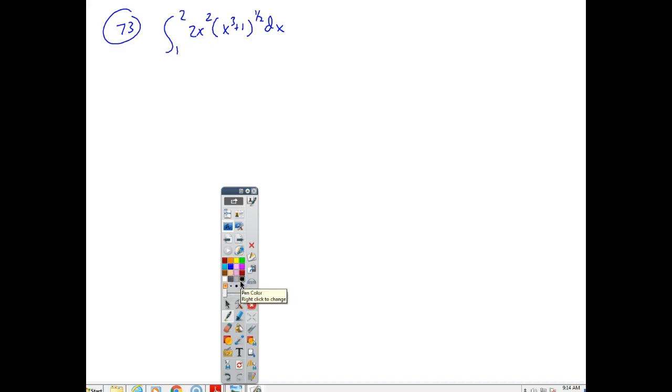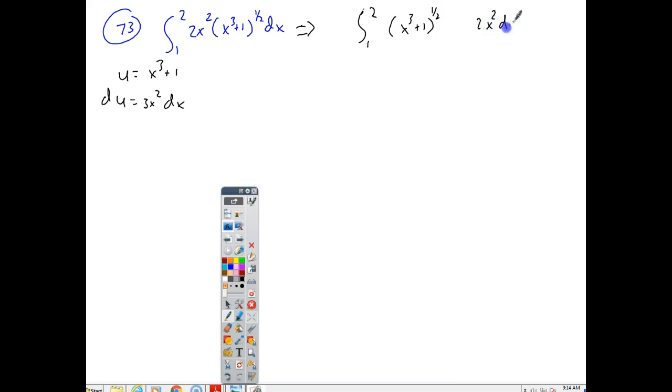Take a look at this problem. I'm going to set u equal to x cubed plus 1, if nothing else because that's what's in the parentheses. du equals 3x squared dx. So then I move this over here and I recognize what I've got. I've got a 1 to 2. I've got x cubed plus 1 to the 1/2. Everything else is in front of that dx squared, right?